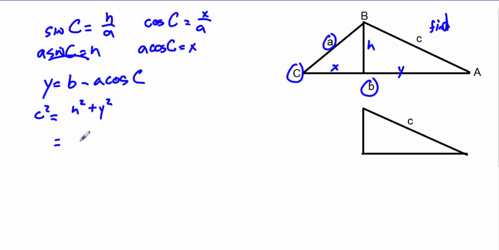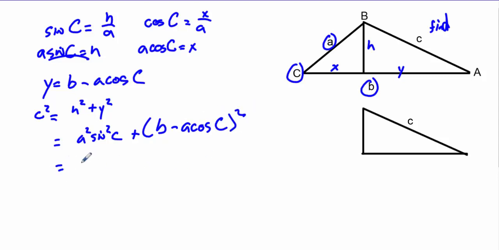So h is a squared sine squared C, and y squared, y is going to be a little bit tougher, so I'll put that as a binomial and square it.